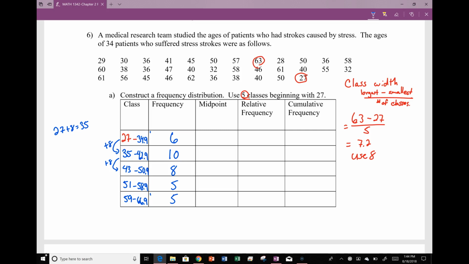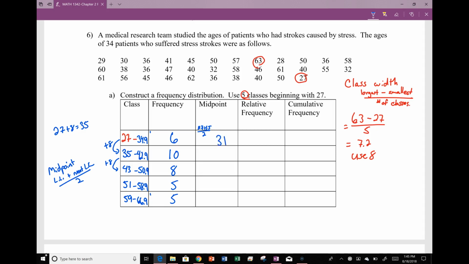We want to find the midpoint. The midpoint, recall, is going to be the lower limit plus the next lower limit divided by 2. So I'm going to take 27 plus 35, and divide by 2.